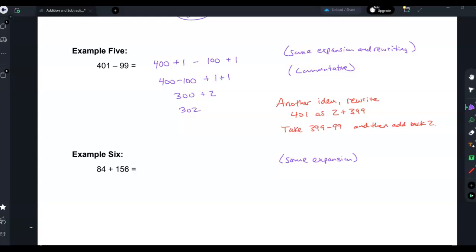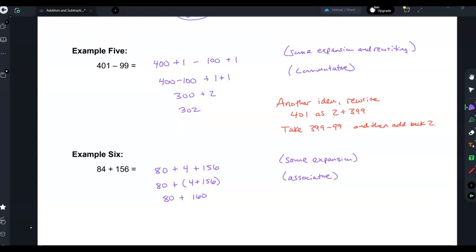So if I've thought of it that way, we're going to think of the 84 as 80 plus 4. And then let's use the associative property. So I'm not actually changing the order, but just saying, well, that's easier because of the make 10 strategy. 4 plus 156, right? 4 and 6 together make 10. So this would be 160, and then that's a lot easier to add to 80.